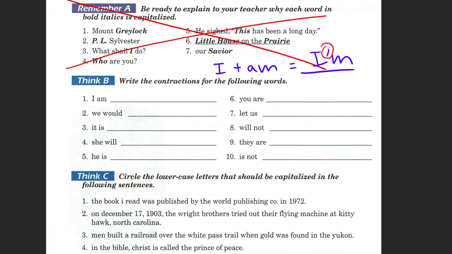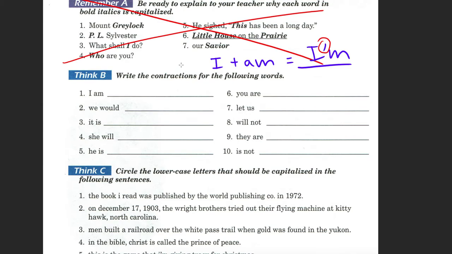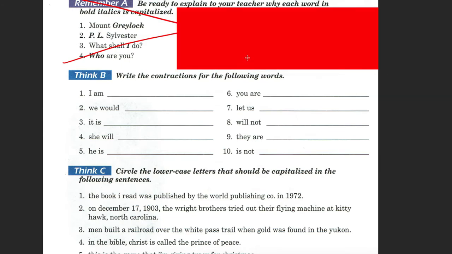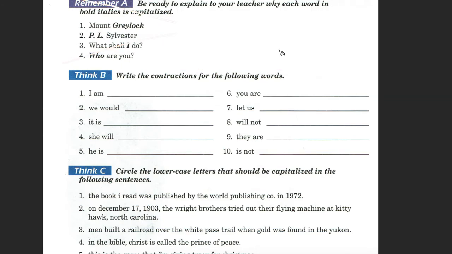The apostrophe replaces the a in am, so I'm. Another example is we plus will. Mush that together and it's we'll, right?